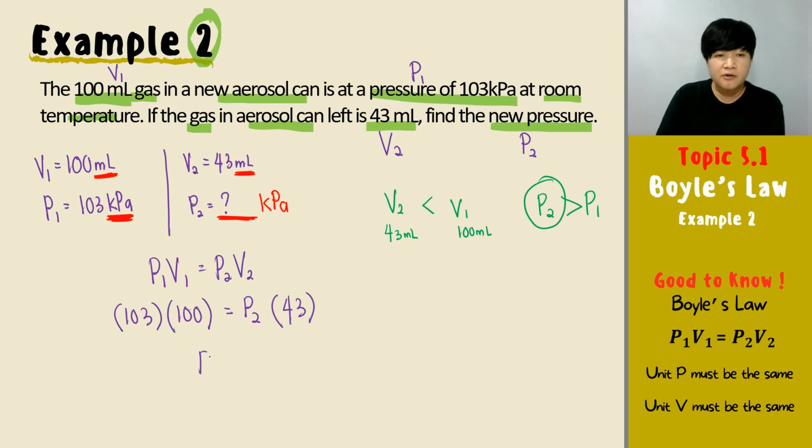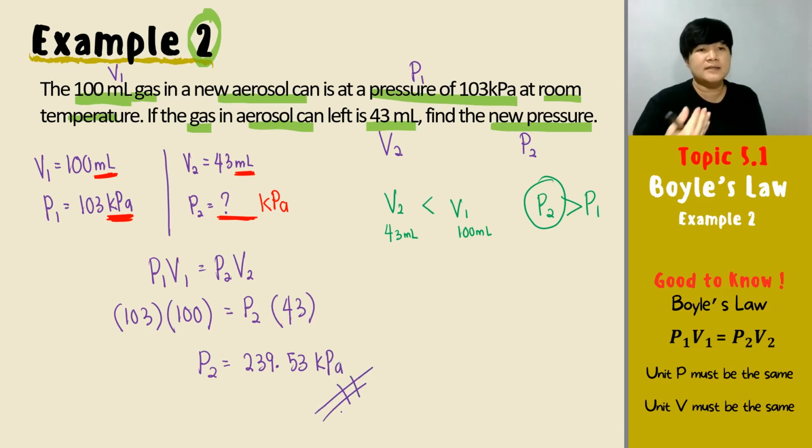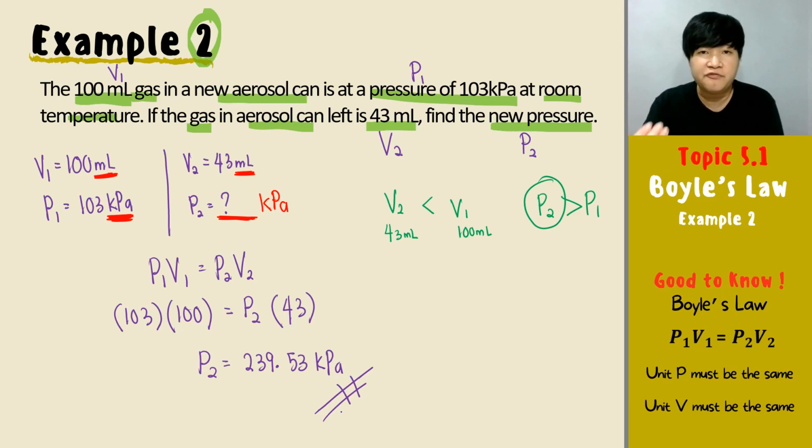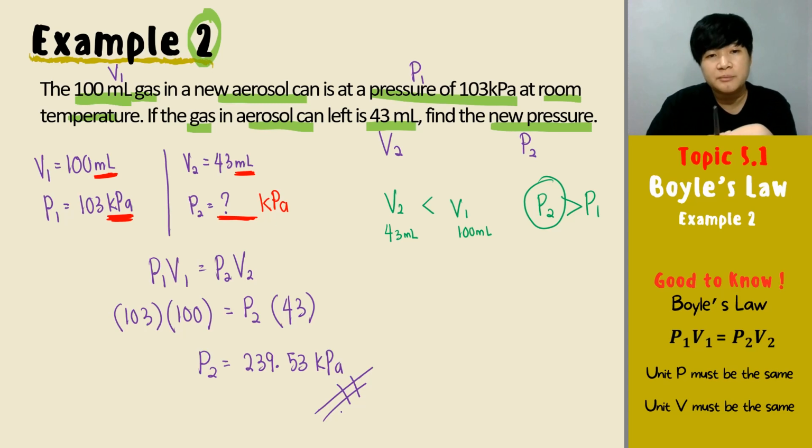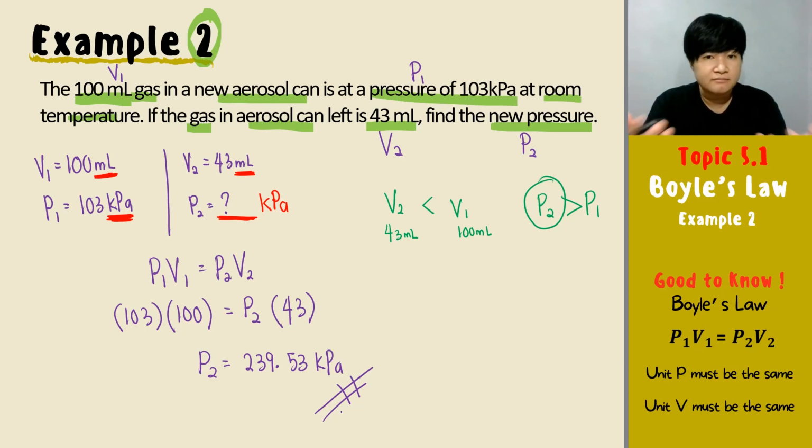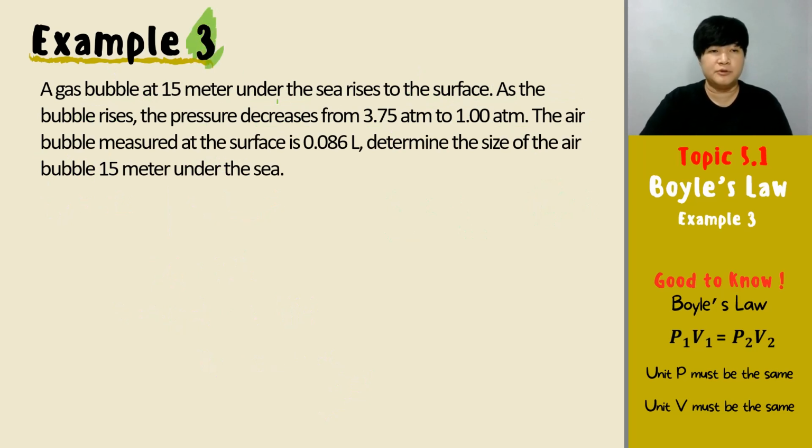And when you press your calculator, your P2 calculated must be larger than 103 kilopascal, which calculated to be 239.53 kilopascal. So this is the pressure when the gas left with 43 milliliter. Okay? That is the new pressure because the volume decreased. Make sense? Simple.